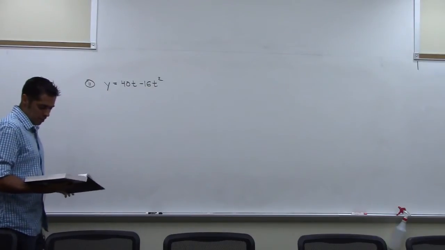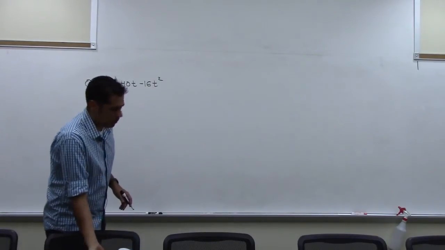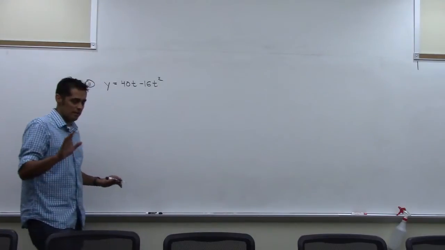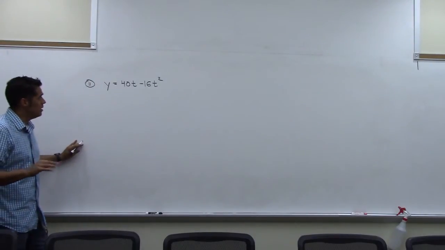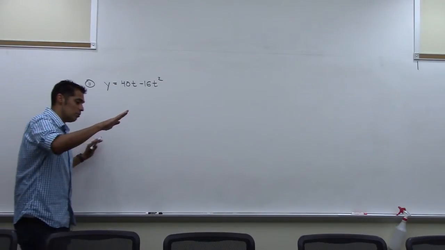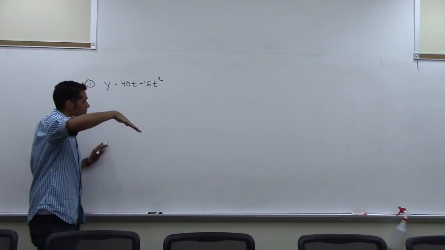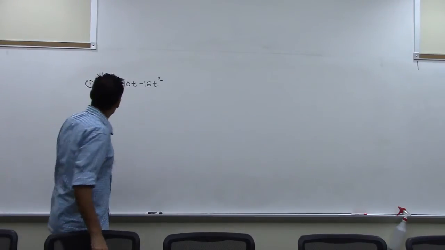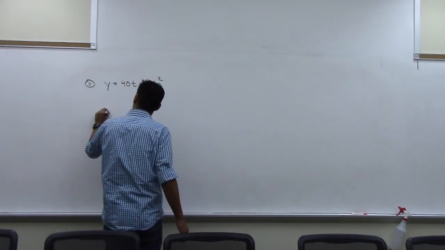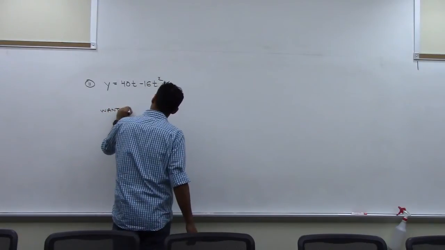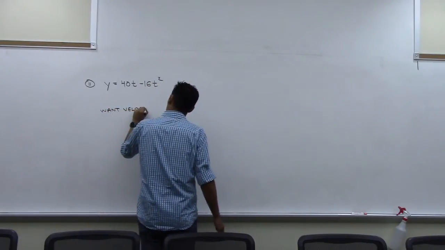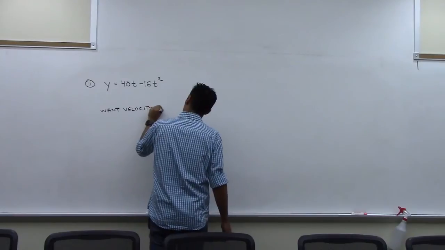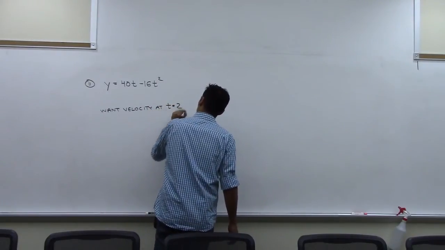Find the velocity when t is 2. So this is what we had talked about earlier in the class, that we're trying to find the instantaneous velocity, which is actually equal to the slope of that tangent line. So what we'll do is, I'm going to write down, we want the velocity at t equals 2.